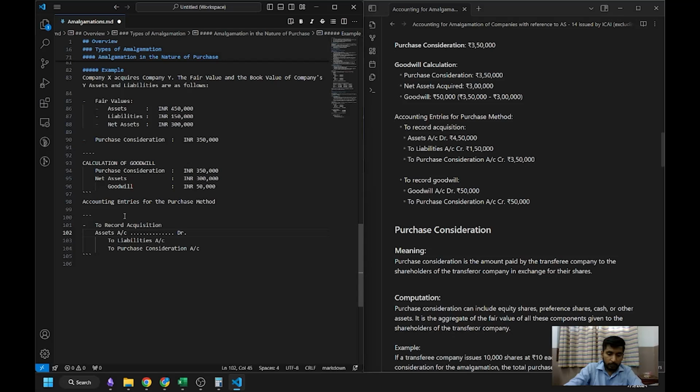This will be rupees 4,50,000. Liabilities will be rupees 1,50,000. And the purchase consideration will be rupees 3,50,000.